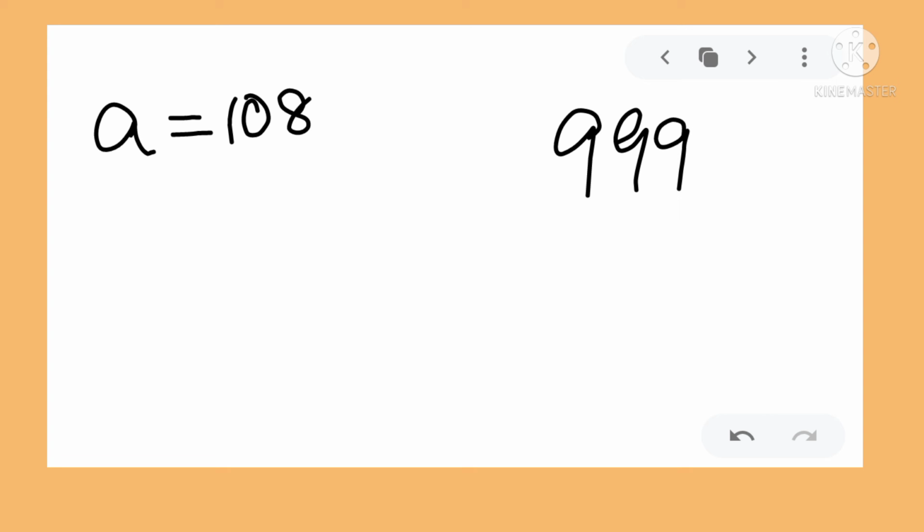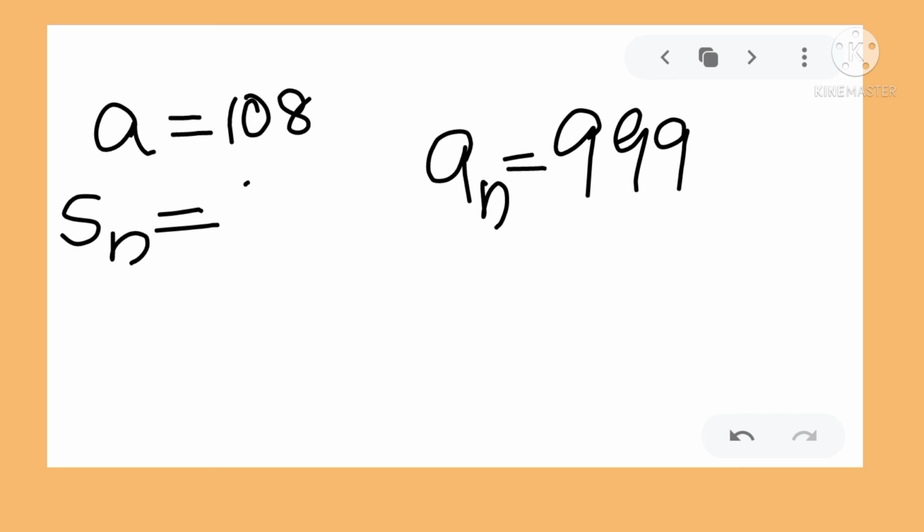That is, we got a is equal to 108, and we know that 999 is divisible by 9. So that is the last term, an is equal to 999. We want to find the sum. For that, we want to find Sn.